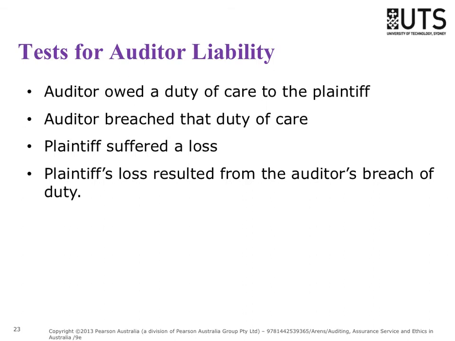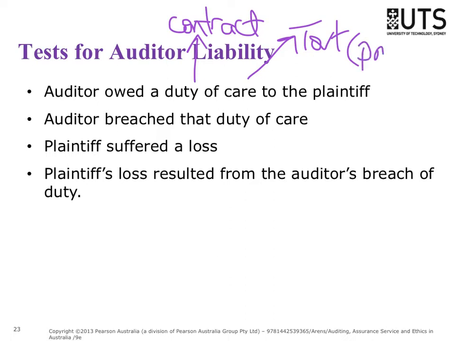All right, so how do we figure out whether the auditor is liable? Step number 1, do we owe a duty of care? So that duty of care could come from a contract, all right, or do we owe a duty of care under the tort, which will come down to usually that concept of proximity. All right. Then did I breach the duty of care?